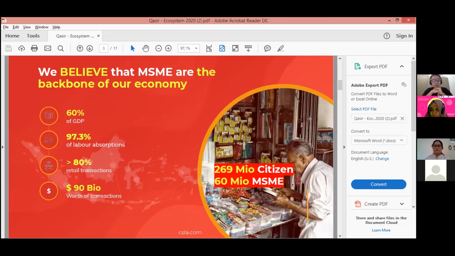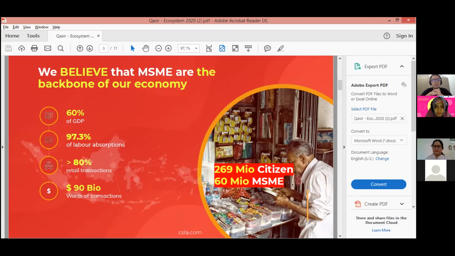Indonesia has a lot of citizens. We have the third biggest population in the world, around 270 million citizens, and almost 30% of them are MSMEs. So we have 60 million MSMEs in Indonesia.